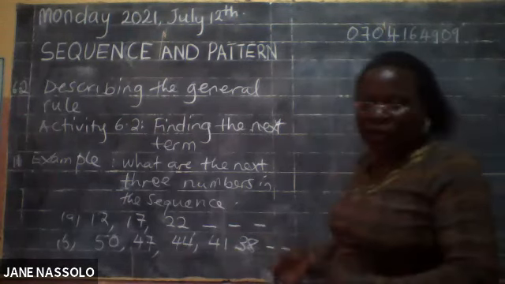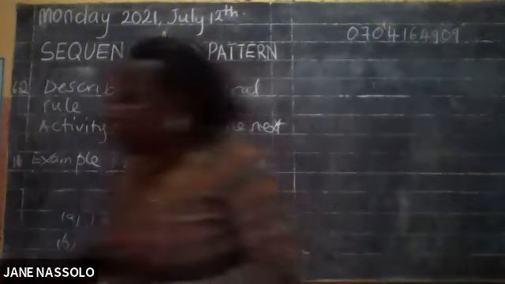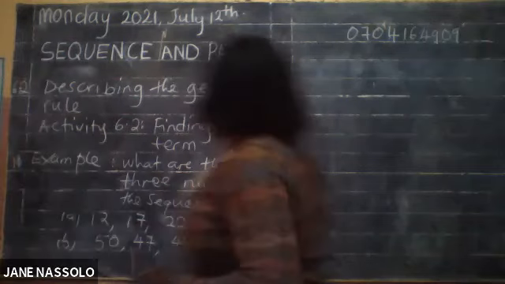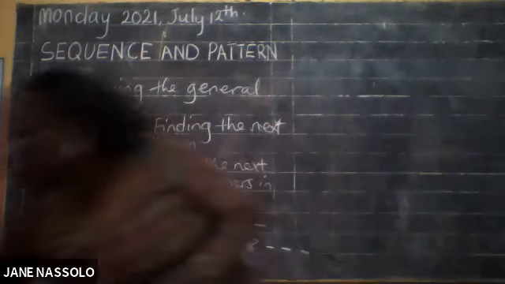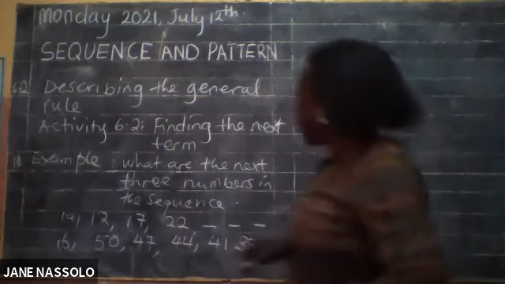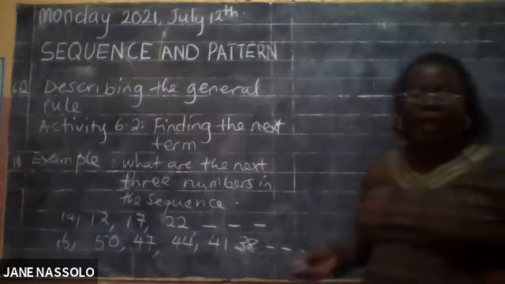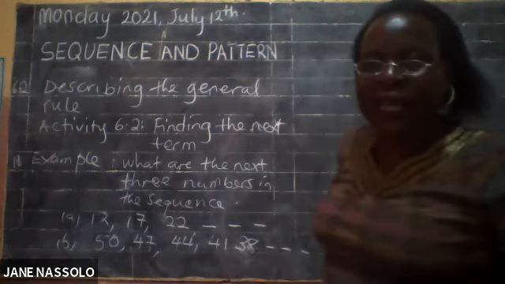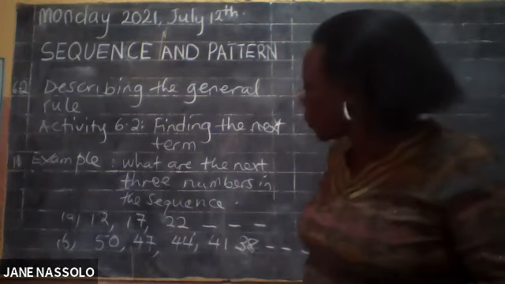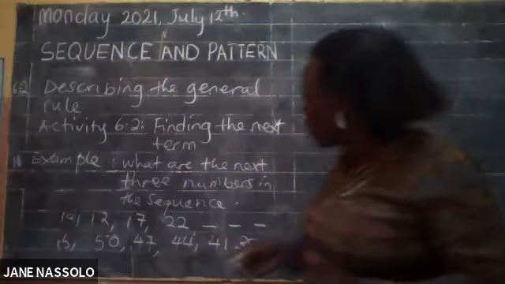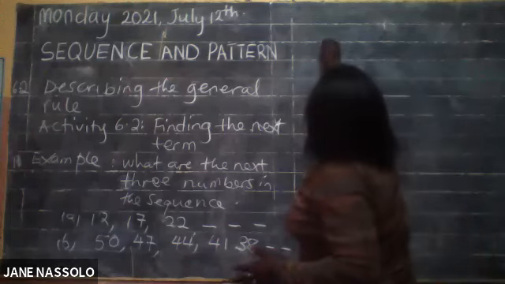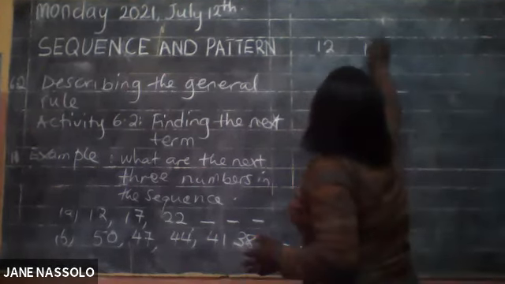Is there any connection between the numbers given? For part A, what is the connection between the first and the second? What is the connection between the second and third? We have 12 and 17. What have we done to move from 12 to 17?